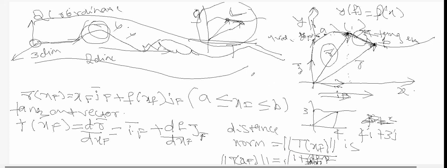Whenever I have a vector in the form of a i plus b j, its norm is given by the square root of a square plus b square.